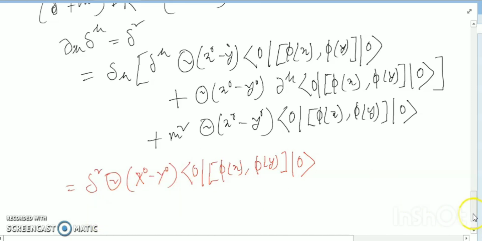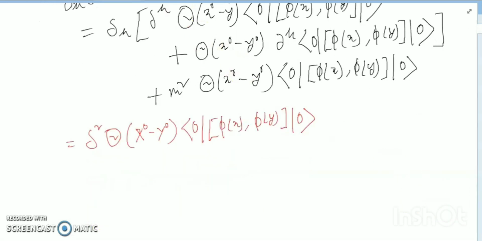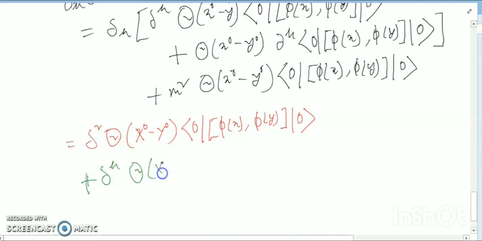Another is del mu capital theta x0 minus y0 times del mu of the vacuum sandwich phi x comma phi y. This is the vacuum sandwich again.